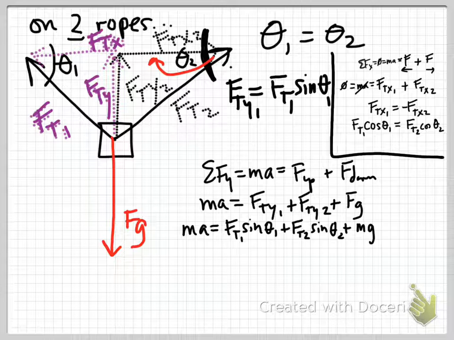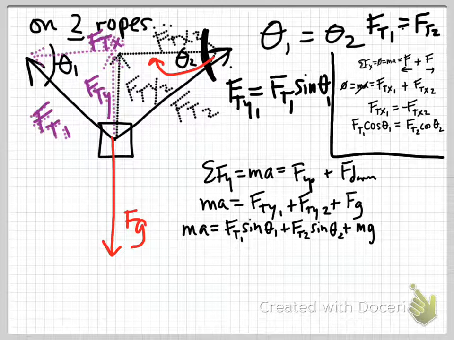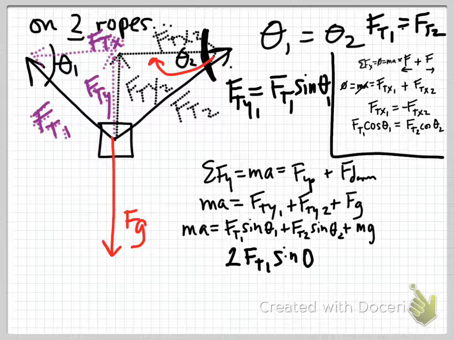Now we've got one more trick up our sleeve. We know that theta 1 equals theta 2, and we also know because of that that FT1 equals FT2. Equal angles, equal forces. Which means that what we're really saying here is 2 times FT1 sine theta 1.